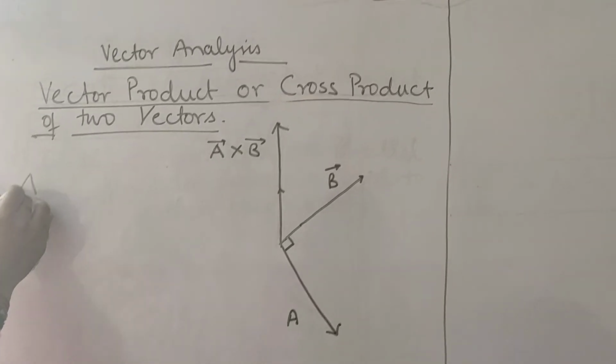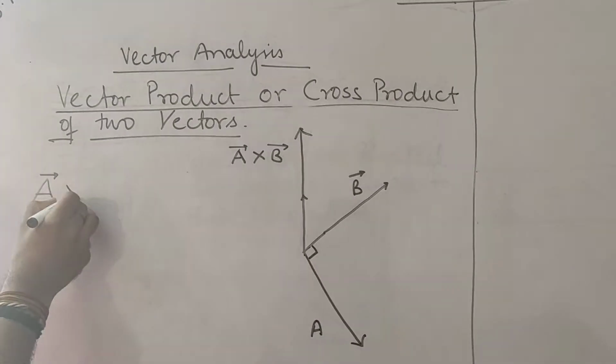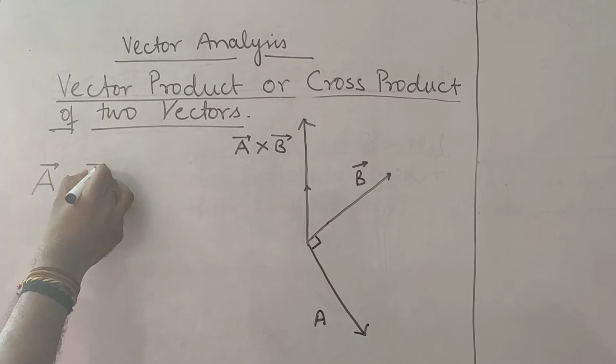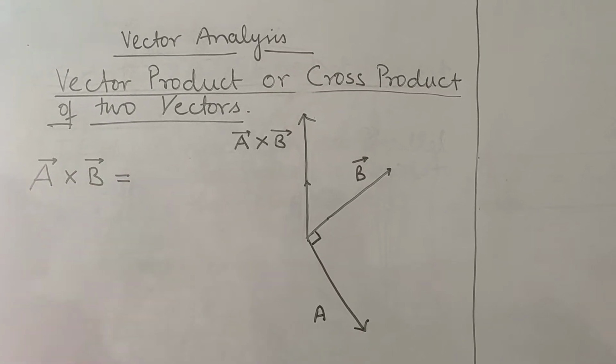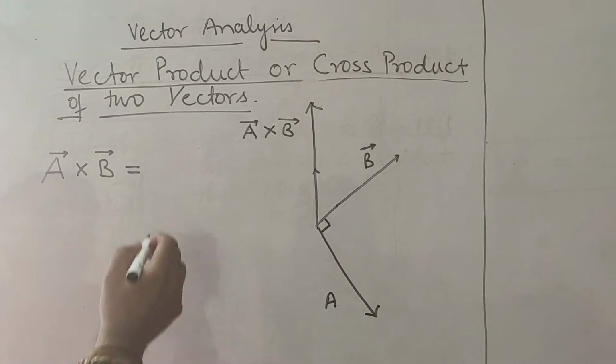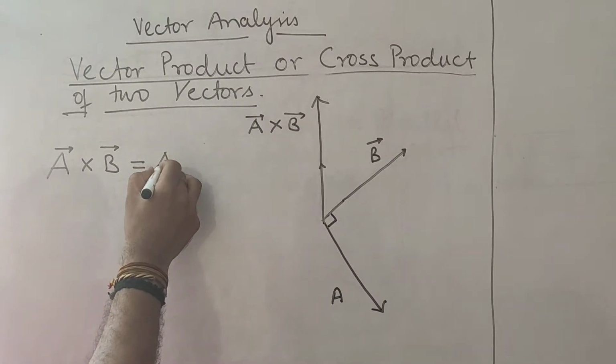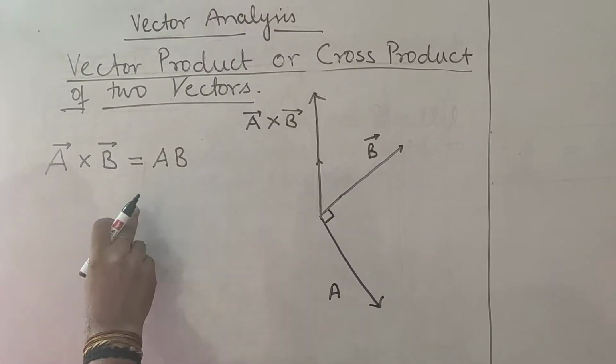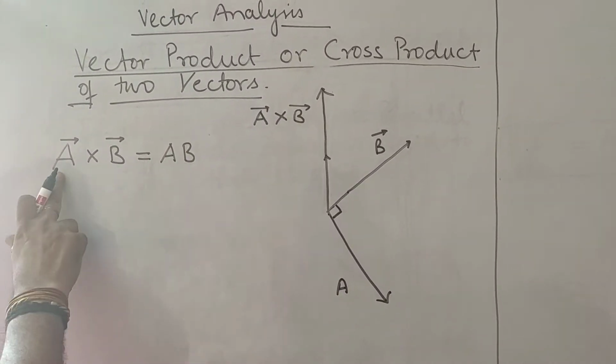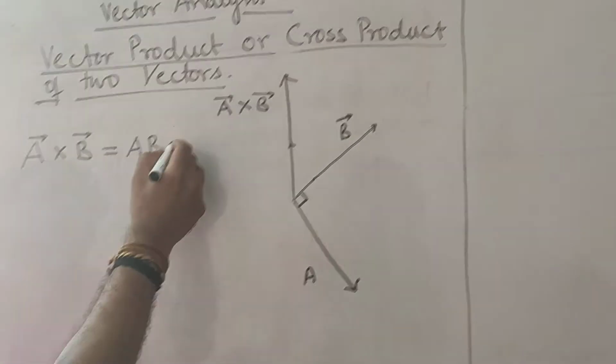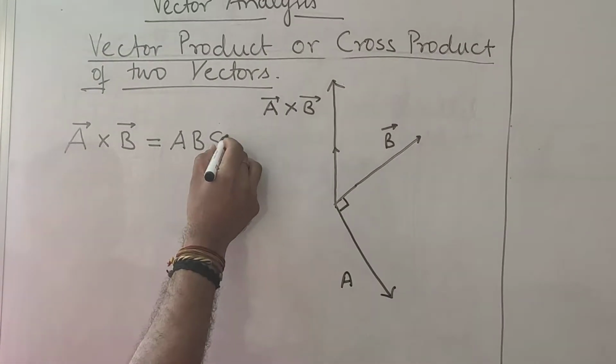If two vectors are multiplied with a cross sign, you are always going to get a vector quantity. This is the magnitude of vector A, this is magnitude of vector B multiplied with sine theta.